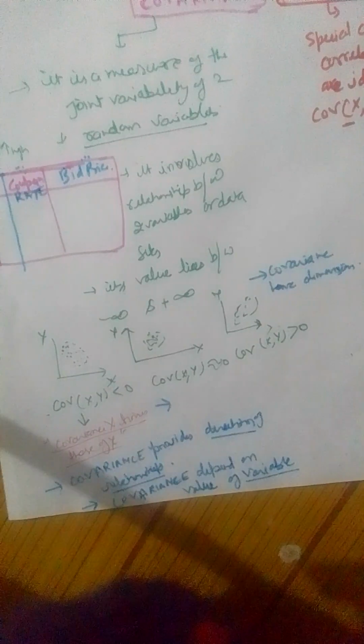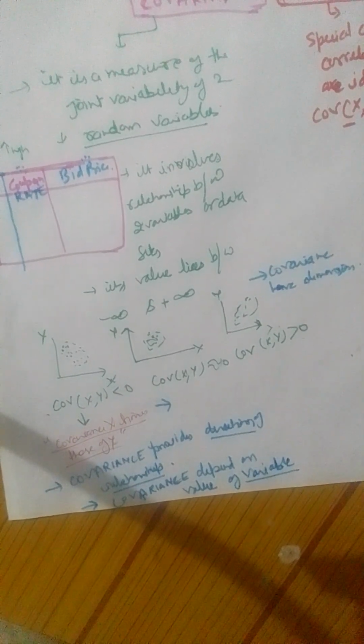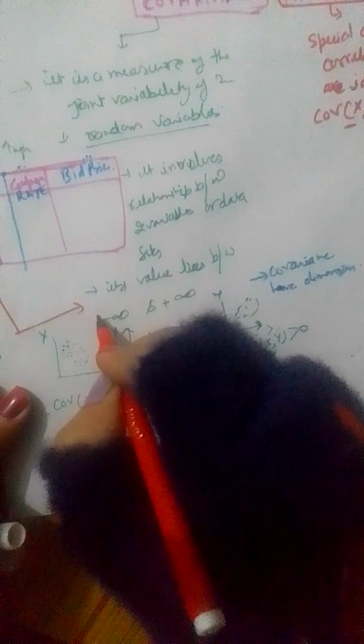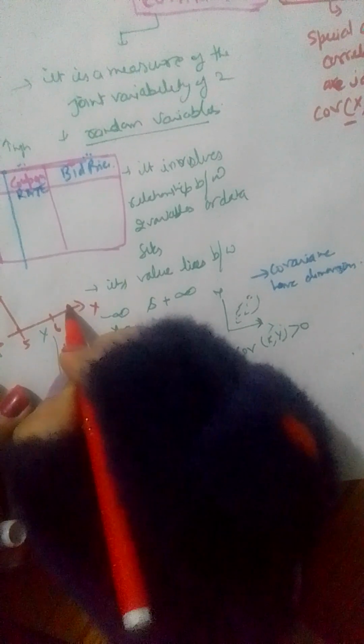One example is here, x, y. Let's suppose here it is 5 and this is 8. Here 6 and here 7. Here 8.5, here 9.